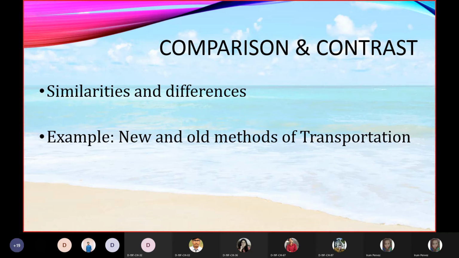What we would be doing is saying the differences and similarities between the new and old methods of transportation. Even if we are just looking at land and sea transportation, we would be looking at what the similarities and differences are between land and sea transportation. So this is another way of explaining things.